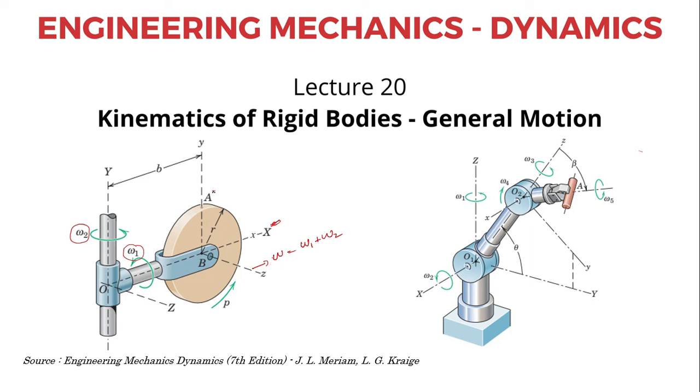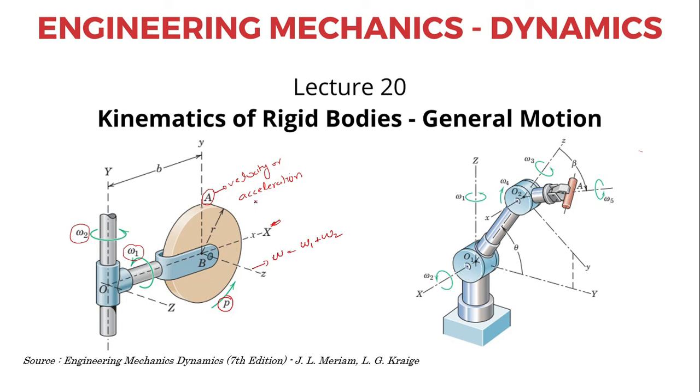Now the question is to find the velocity and acceleration of point A at the rim of the disk. BA vector here is rotating with respect to the moving reference frame with an angular velocity p here. That means BA vector here is not fixed. So in order to find the velocity or acceleration of this point A here, we have to use the equations which we have derived in this lecture for determining these values.